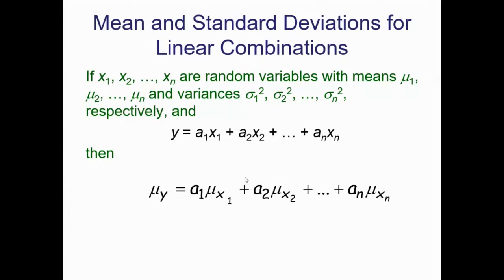So if you have the mean of y, you just do constant 1 times the mean of x1, constant 2 times the mean of x2, all the way till you get to constant n times the mean of xn. That constant could be 1, it could be negative 1, whatever the case may be.